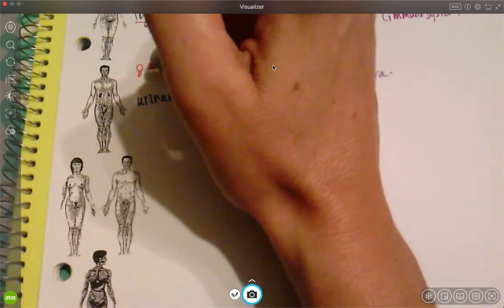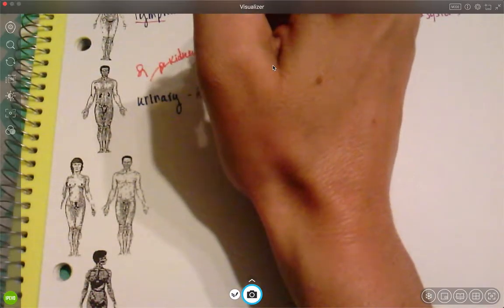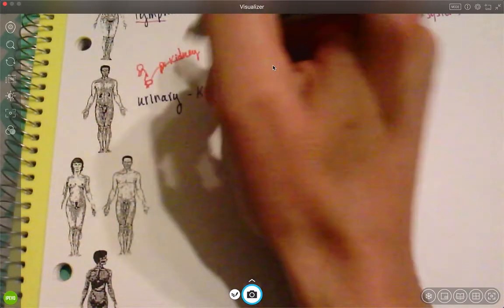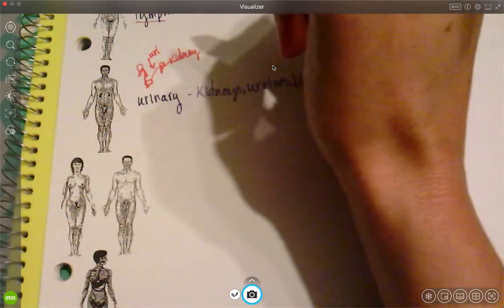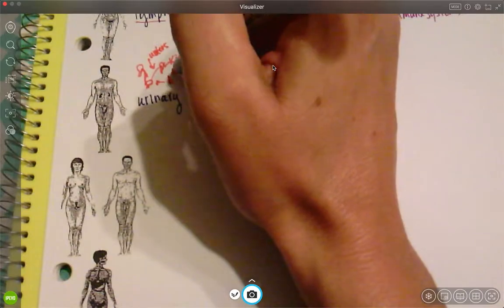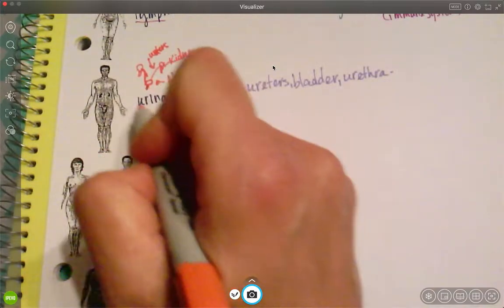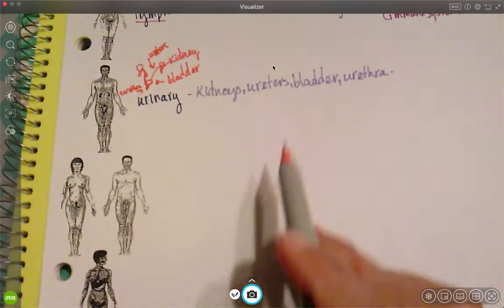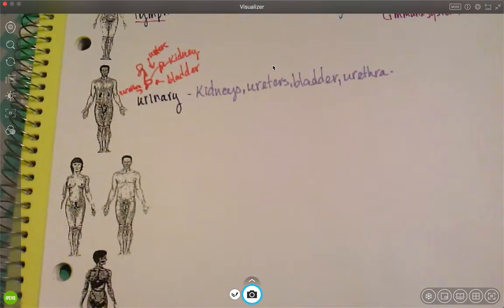I know it doesn't look like kidneys. Okay. So this is my kidney. And we've got a tube coming from each kidney. And the tubes coming down are my ureters. Here's my bladder. And then the tube coming down is my urethra. So everybody's got the kidneys, we've got the ureters coming down, filling the bladder up, and then the urethra is the tube that I pee out of.